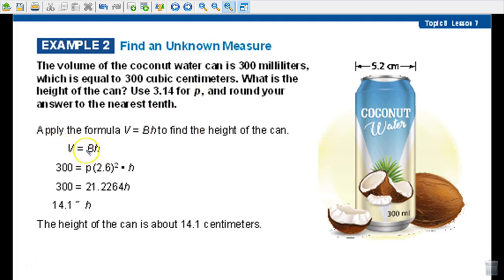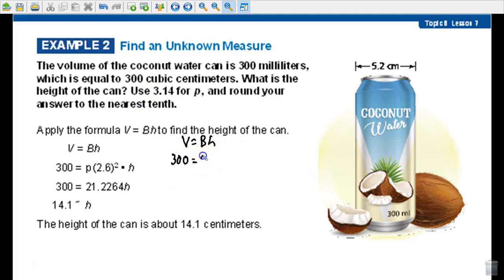So we have our formula. V equals capital BH. Okay? So we know the volume is 300, and that equals pi r squared.